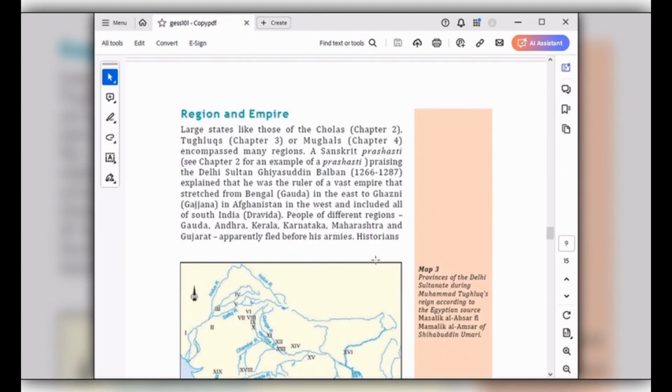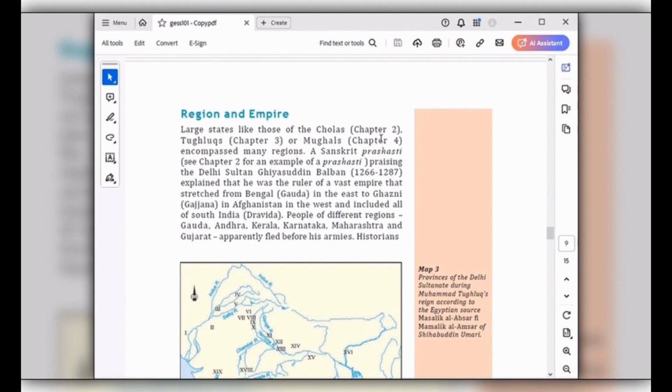Region and empire. Large states like those of the Cholas, Tughlaqs, or Mughals encompassed many regions. A Sanskrit Prashasti. Prashasti means praising a ruler.